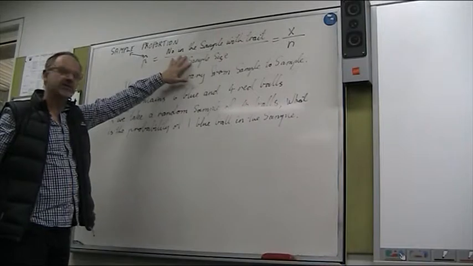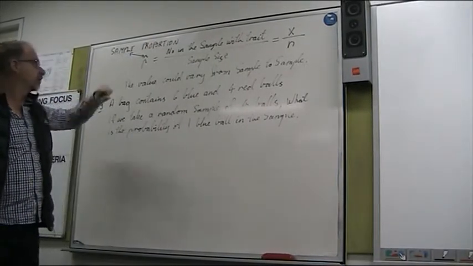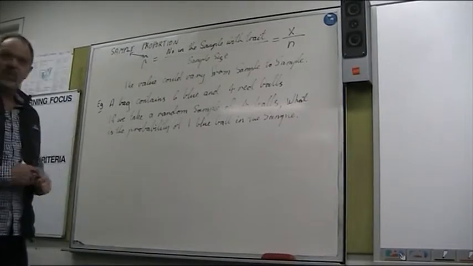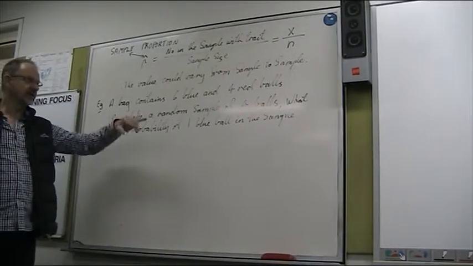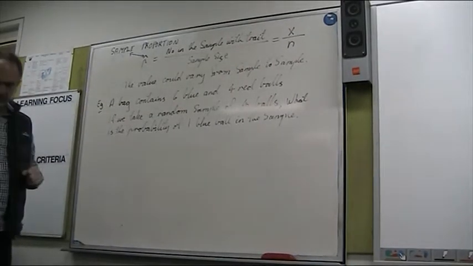Well, the sample size is 4 and the number in the sample is 1, so the sample proportion would be 1/4. But what we need to do is see whether or not that sample proportion actually relates well to what we've got. So what have we got?